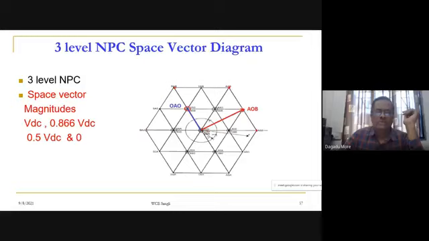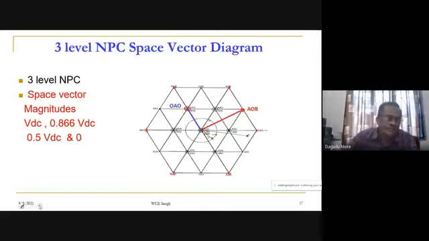Is it right? These are common. So the space vector diagram for any multi-level inverter or 2-level inverter is in the form of a hexagon only.